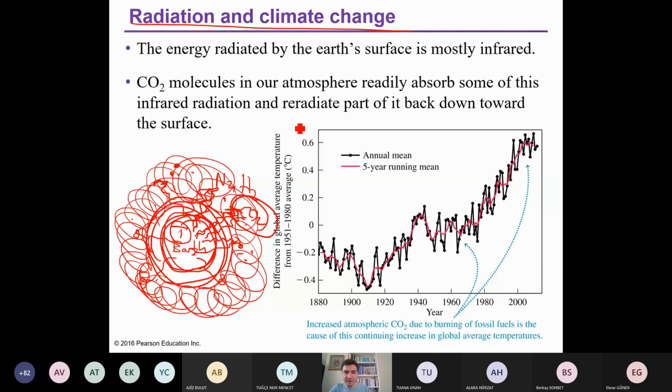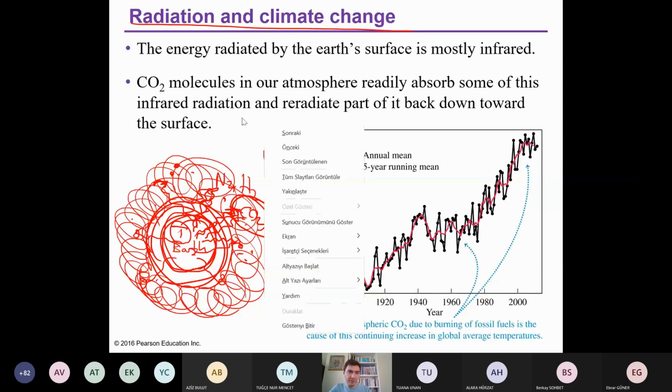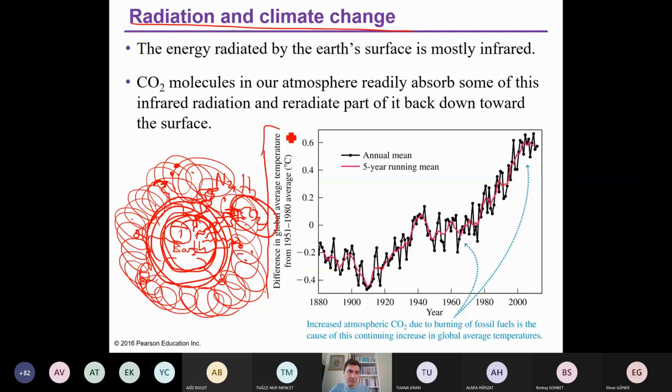So you see here a graph. On the left side, we have the difference in global average temperature from 1951 to 1980, and on this scale we have years from 1880 to 2000. What do you see here?